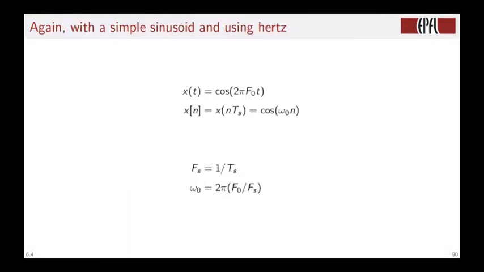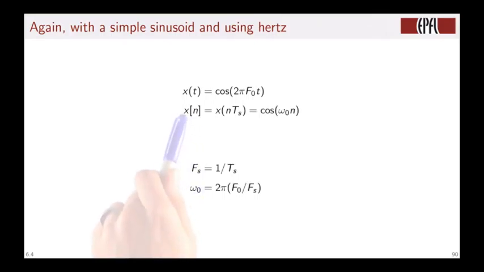This point is so important that we are going to go through it one more time, now with a sinusoid and using frequencies in hertz. Remember that we usually take frequencies in radians, so frequency in radians is simply frequency in hertz times 2 pi. Our signal x(t) is cosine of 2 pi f0 t, so f0 is a frequency in hertz.